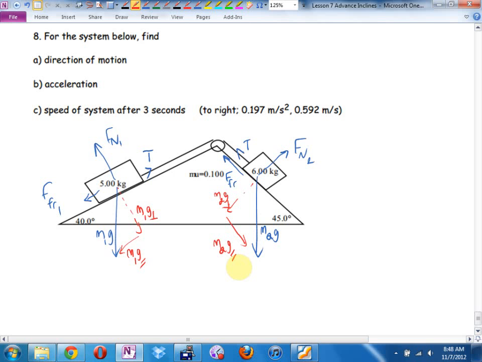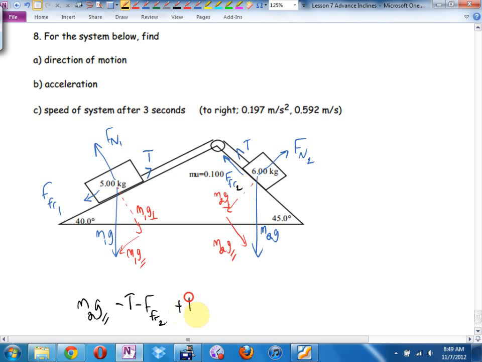So far, so good, Vlad? Yep. Who's winning? M2G parallel. So anything that ends up pointing this way. So M2G parallel is a winner. Then I guess I got minus tension and minus friction force number 2. I didn't put a 2 on that one. I should have. They're both losers.